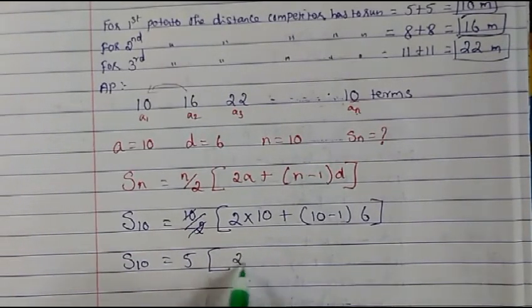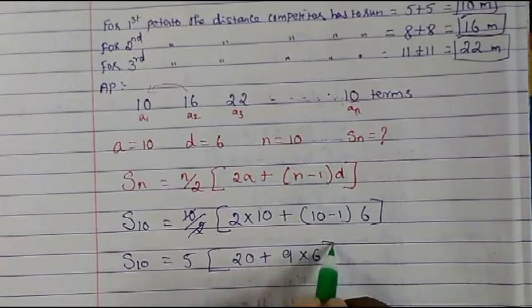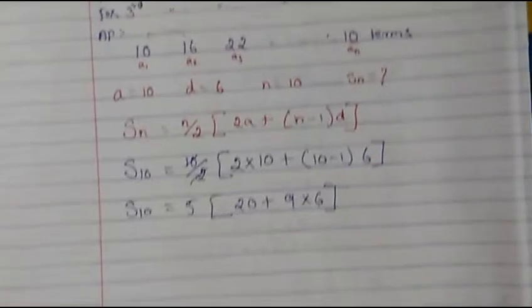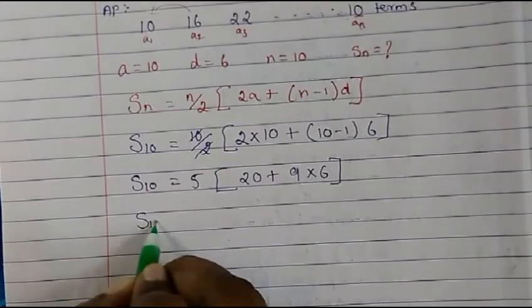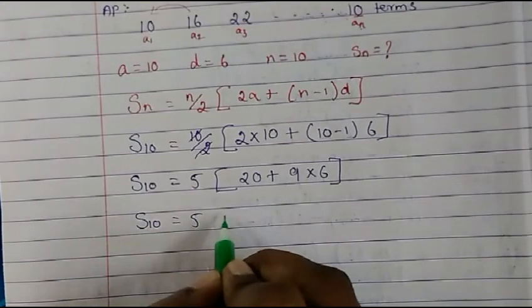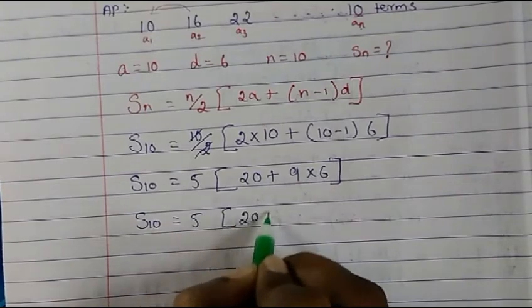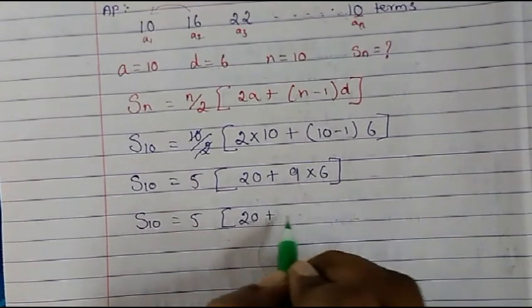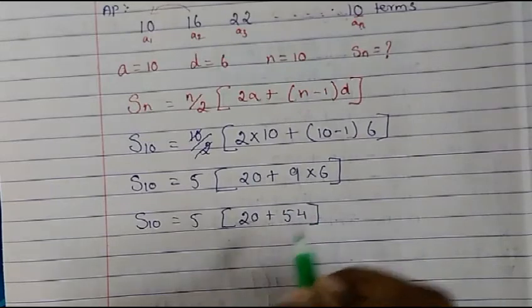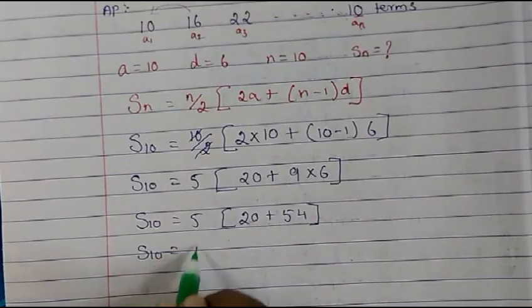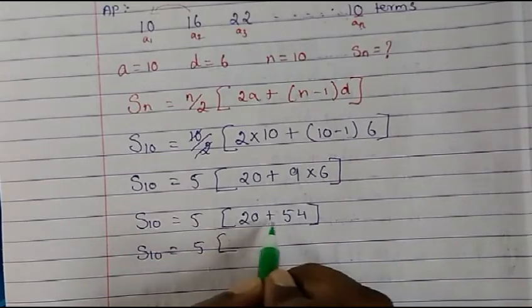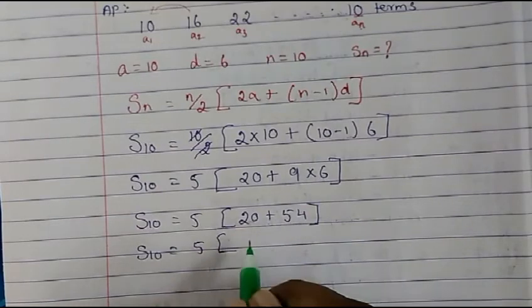So 2 tens are 20. 10 minus 1, 9 into 6. So we have 5 times 20 plus 9 sixes are 54. So we have 5 times, 20 plus 54 will give us 74.